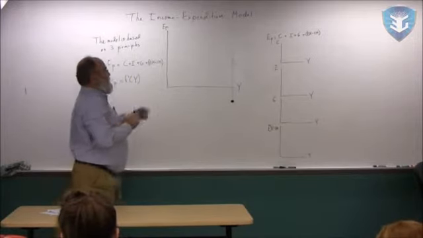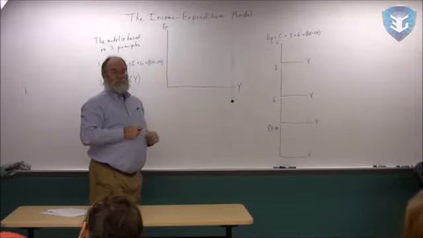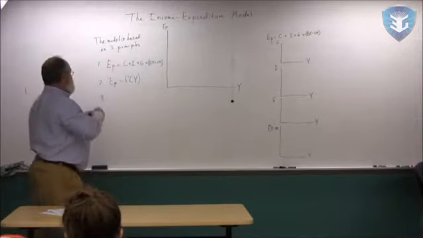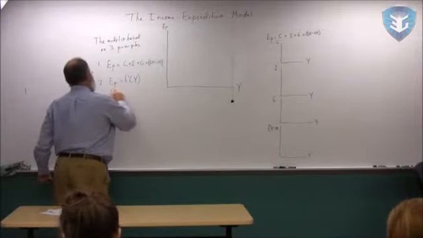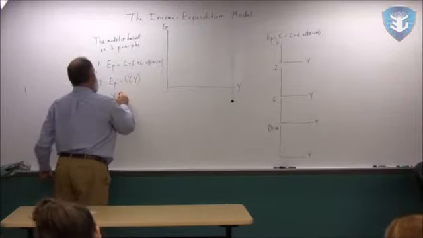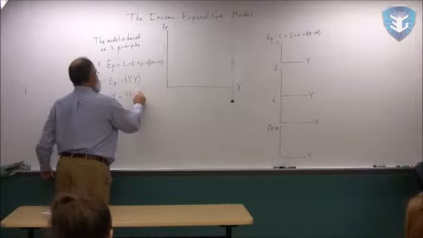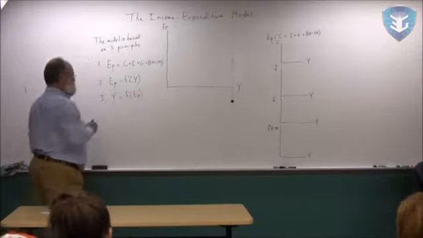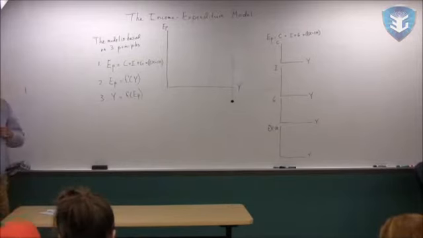In other words, we can graph it here. And the third one says, not only is spending a function of income, but income is a function of spending. So we have some reverse causality here, which is interesting.